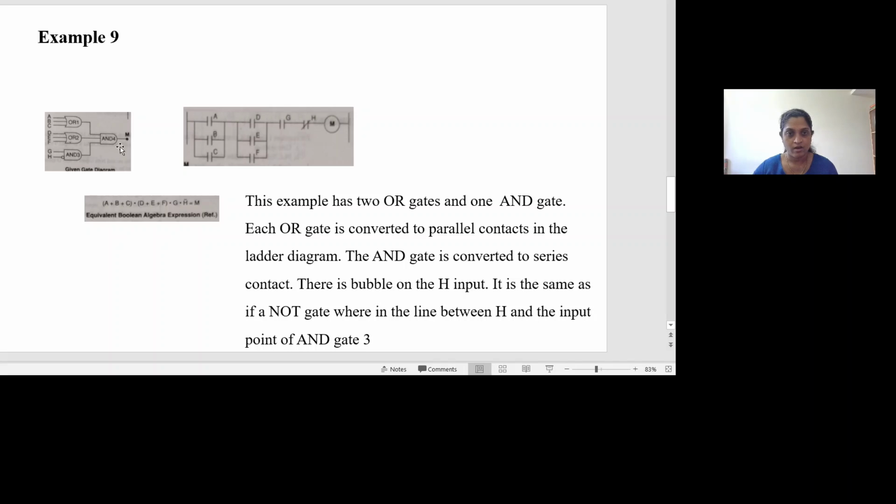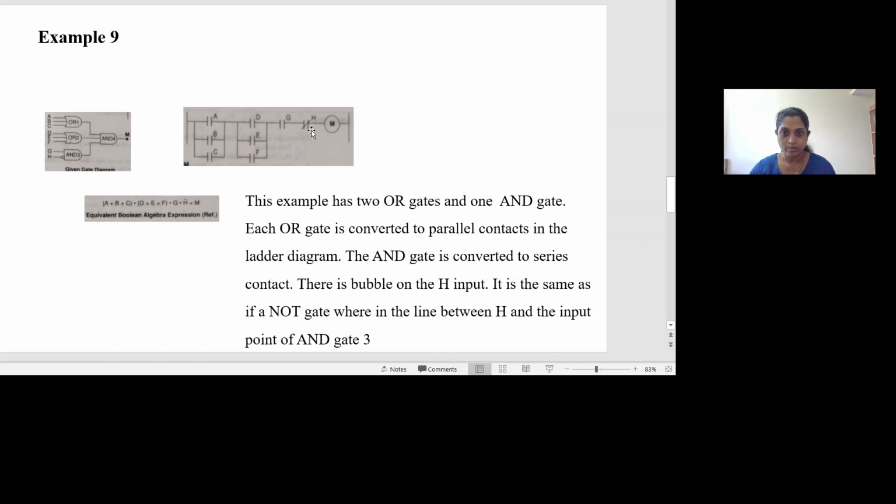Then we have to produce a final output M. The three inputs are ANDed, so this AND is replaced by a series combination. Hence, you could see here ABC, which is in series with the DEF combination, and that is in series with G and H bar.